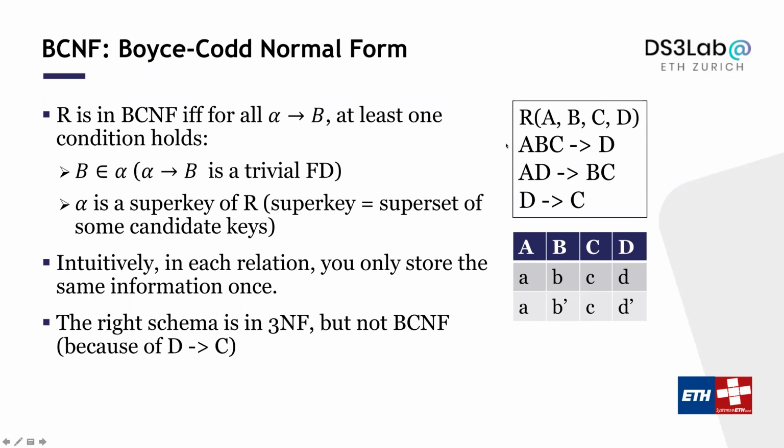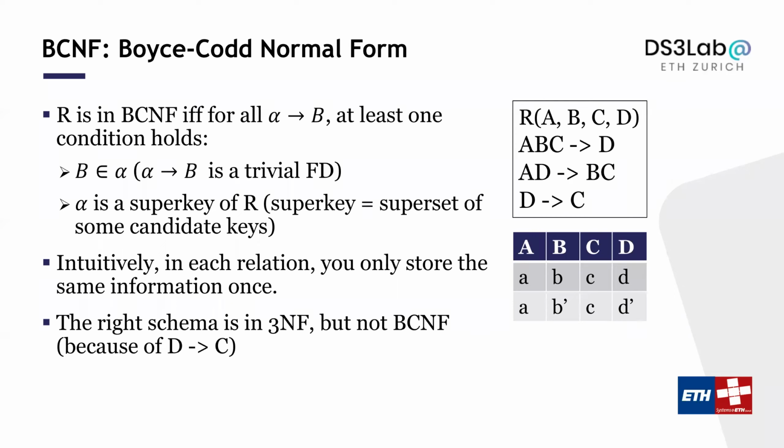Why? We just need to check every single functional dependency. For the second one, BC, the right-hand side is a subset of a key, then it's fine. For the third one, the right-hand side is a subset of a key. So essentially, this design is in third normal form.